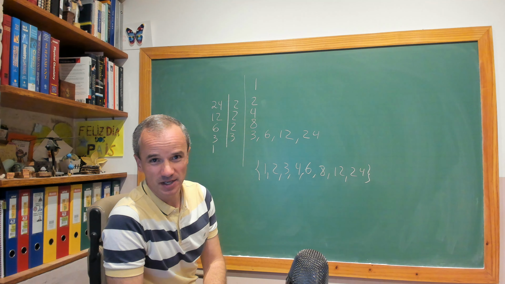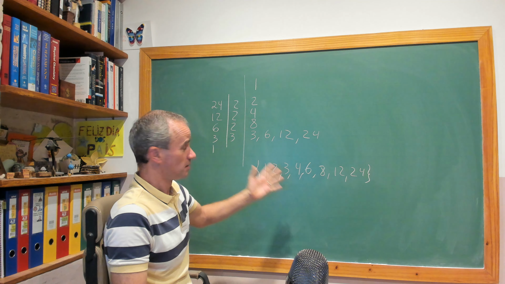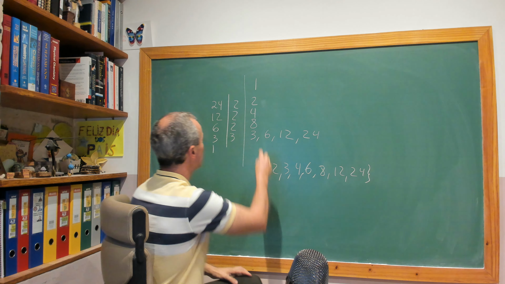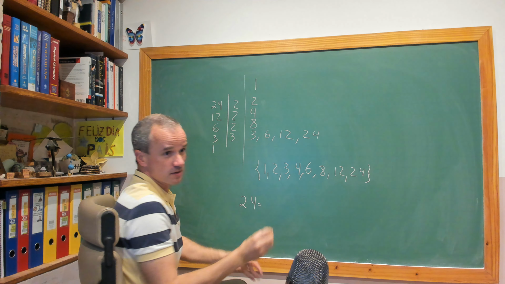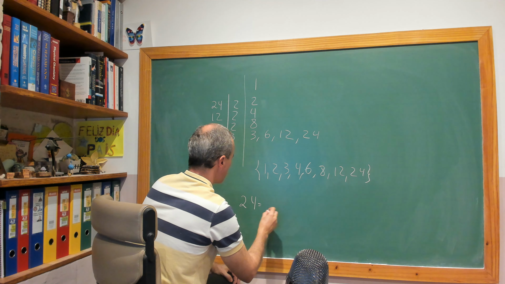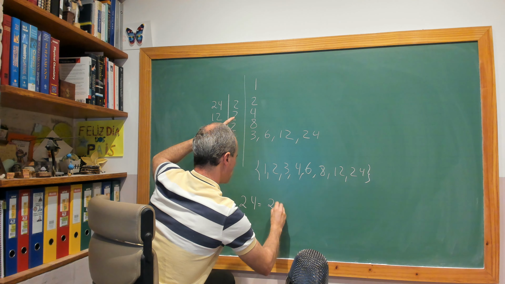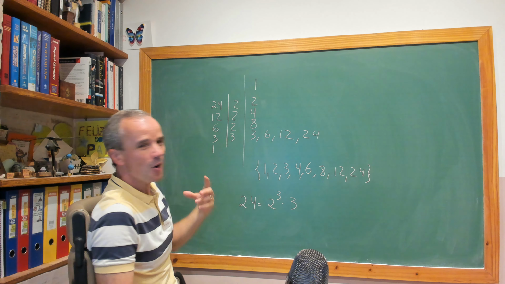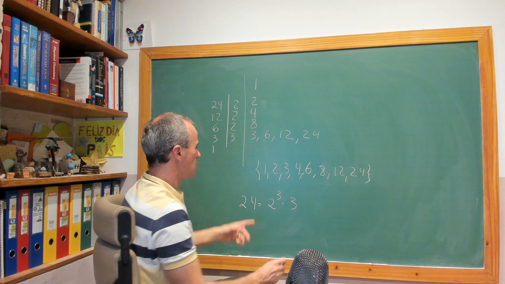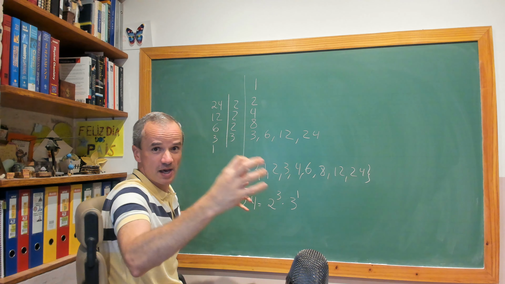Now, is there a faster way to at least count this number 8? Yes, there is. If I express 24 with its prime numbers, the prime factorization is 2 to the third times 3. Now, how many factors? It's very simple. You take the index, add 1, and multiply everybody.